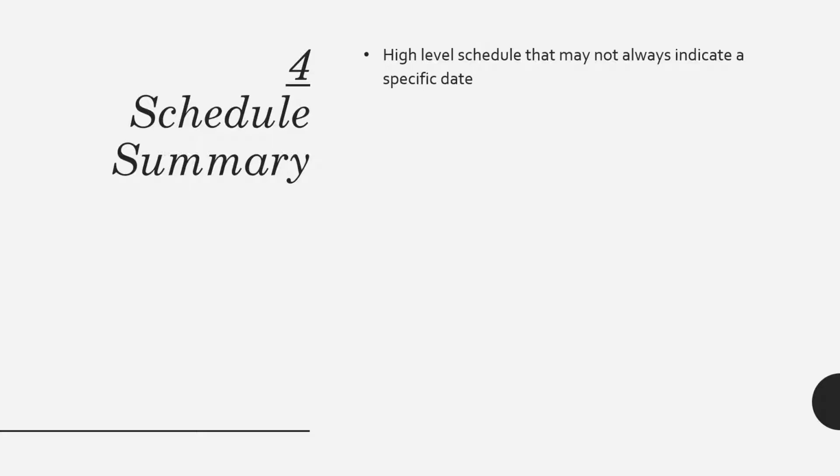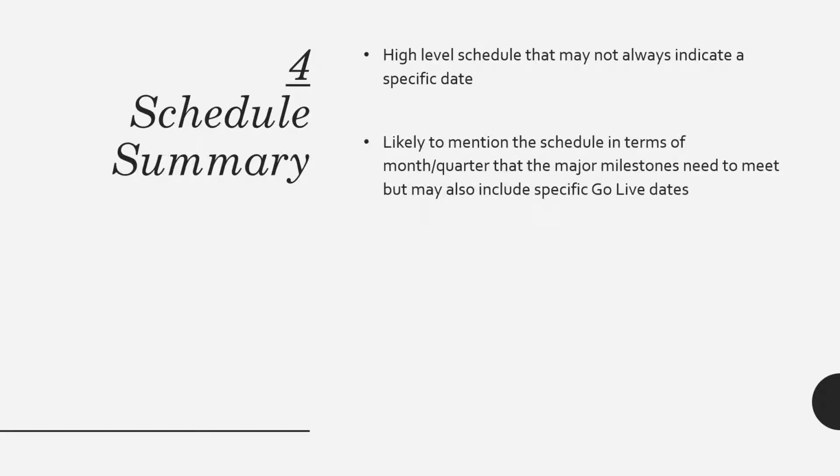It's possible that the project charter does not have that kind of date, but at the same time, the project charter may mention these dates in terms of months or quarters.